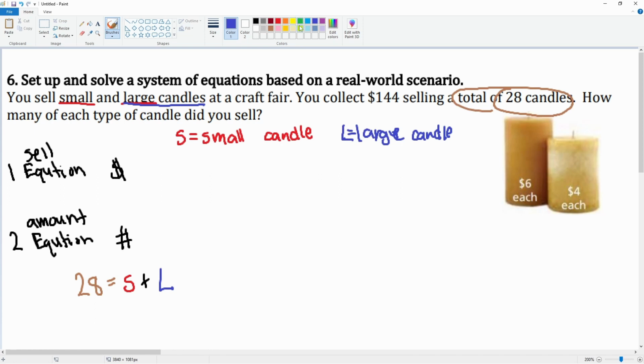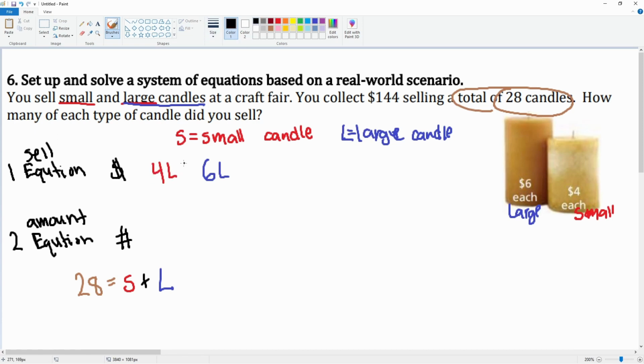Now let's set up our dollar amount. Well, here it says it is $6 each for the large one right here. So it is $6 each for the large, so 6L. Then we have the small one here, which is the $4. So that's 4L.